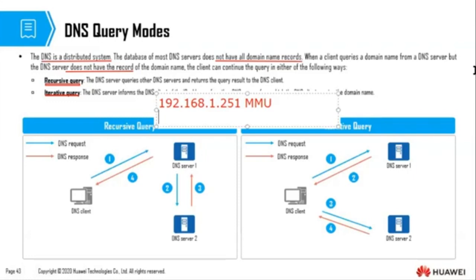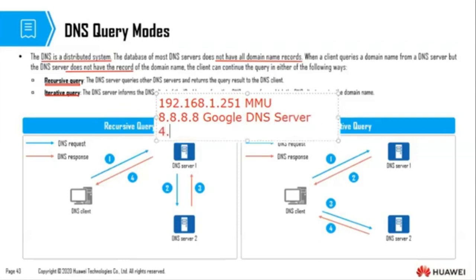But on the internet, we have 8.8.8.8, which is Google DNS server. We have 4.4.4.4, which is also a Google DNS server. And we have many other DNS servers. Some have public IP addresses and therefore can be reached publicly, some are local.